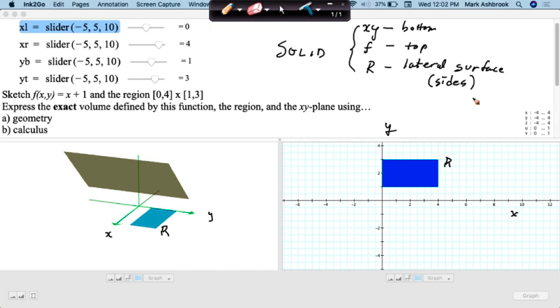Okay, does that make sense, what I've drawn there?